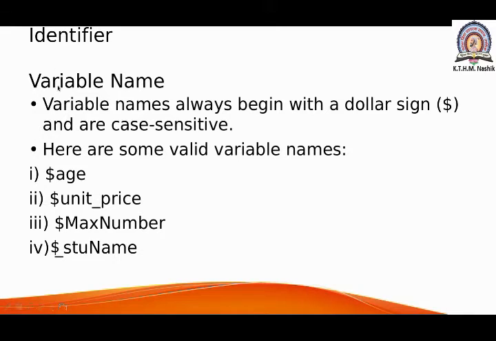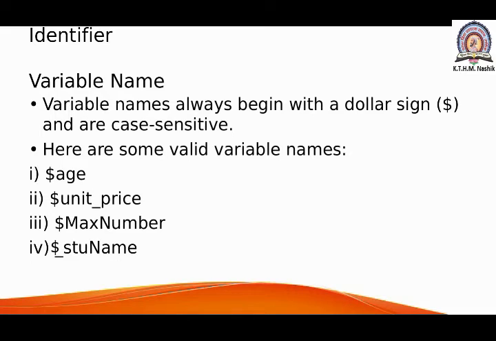Then we'll see the next, variable names. Variable names always begin with a dollar sign and are case sensitive. Here are some examples of valid variable names. Here it is $age. It starts with the dollar sign, which means it is a variable.